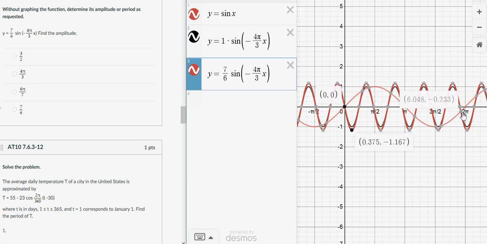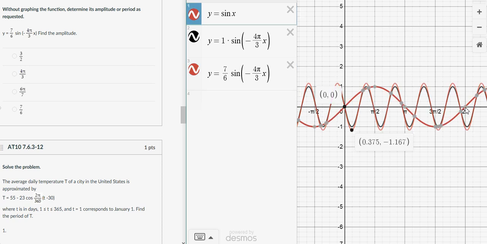Pi, and then right here, 2 pi. Now if you add something here, it's going to change the period. We will talk about the period in a different lecture.